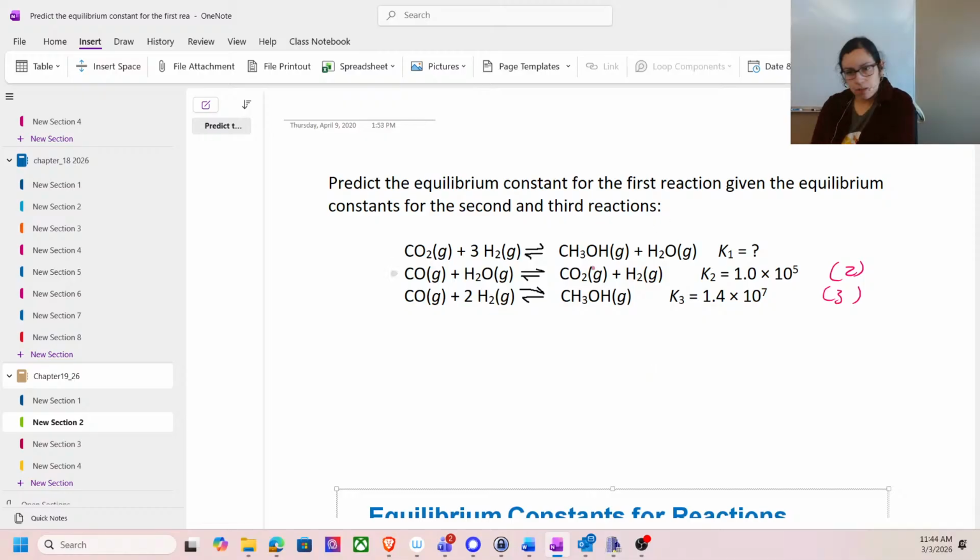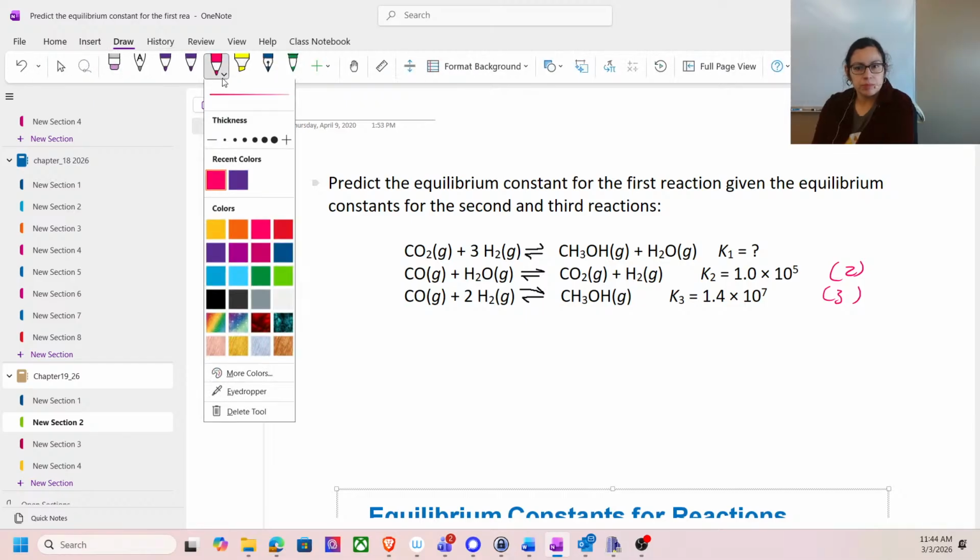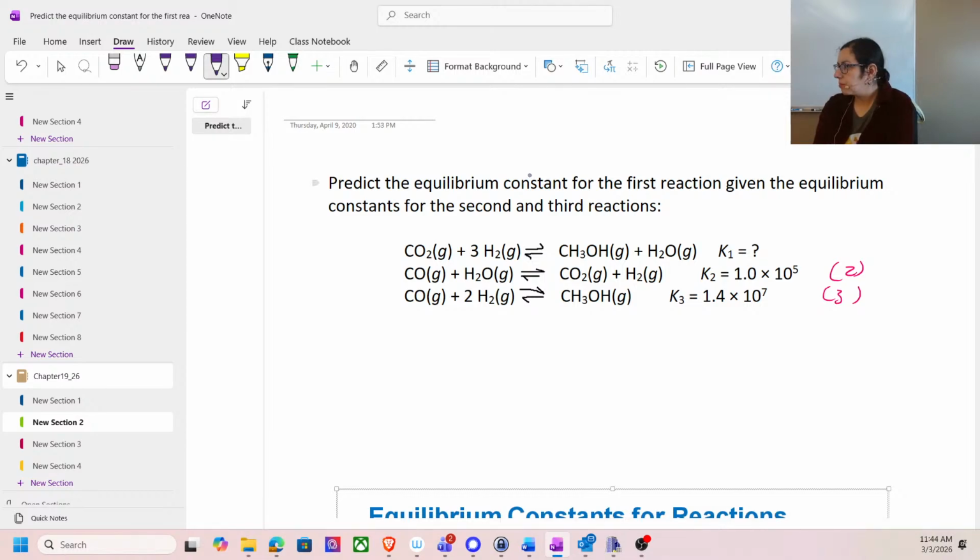So what do we have to do to equation 2 and 3 to get 1? What are we thinking? Compare where your products and reactants are. You got CO2 as a reactant, but it's over on the product side.